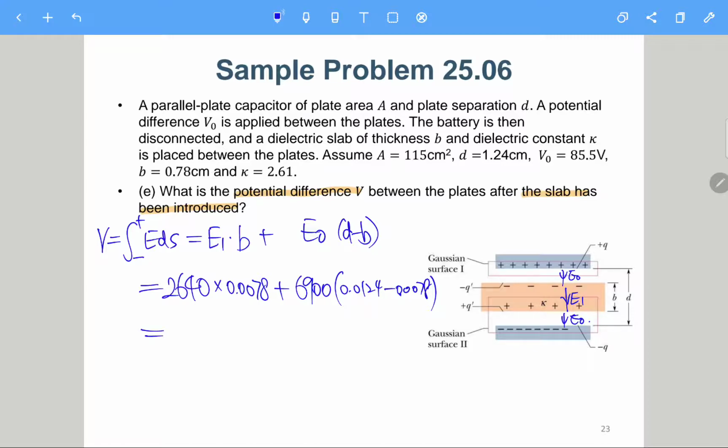So it turns out to be 52.3 volts. So originally V0 is 85.5 volts. So now it becomes 52.3 volts.